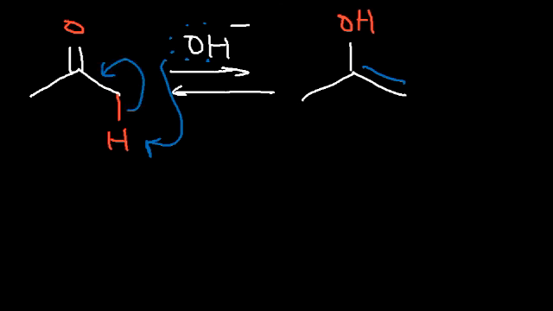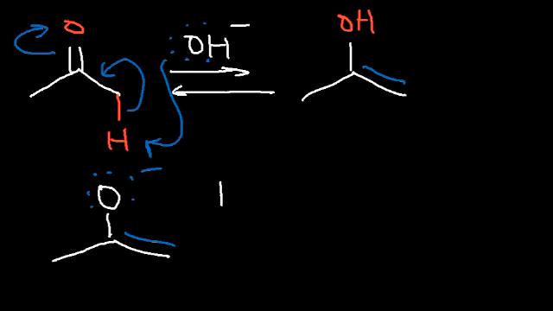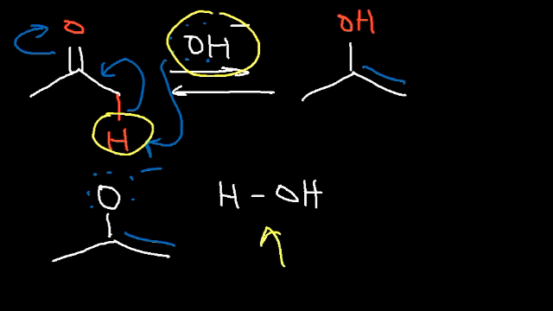Those electrons will be used to form the double bond, causing this pi bond to break. So we're going to get something called an enolate ion, which looks like this. And then the only thing we need to do now is react the enolate ion with water. Because hydroxide grabbed the hydrogen, it's been converted to water.